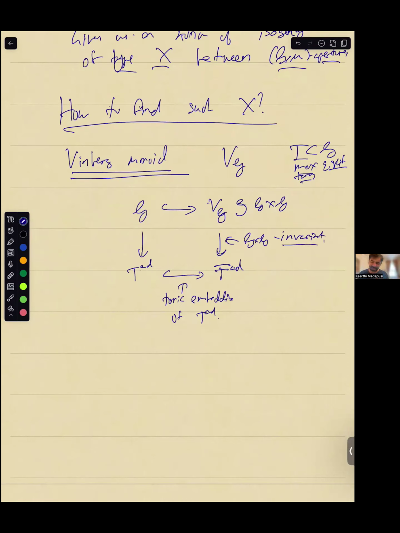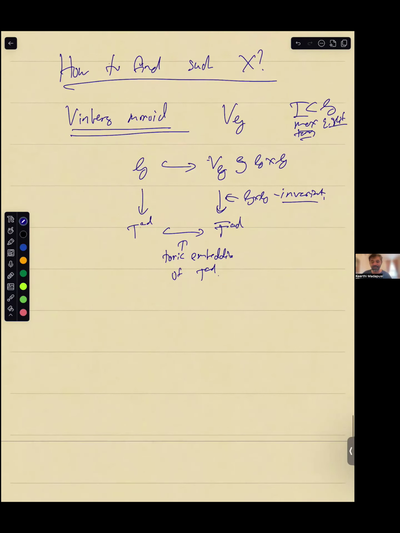T_ad is a torus, you can think of it as a bunch of copies of G_m, and T_ad bar is a toric embedding. It's actually a bunch of copies of the affine line, indexed by the simple roots of the torus.